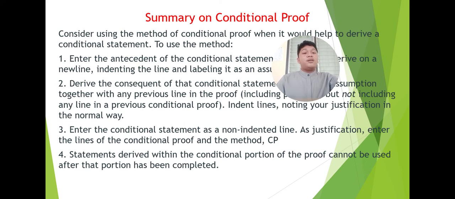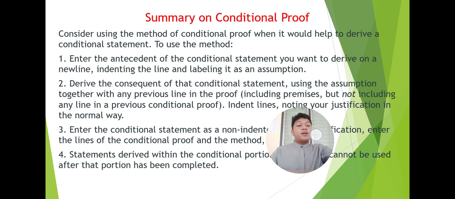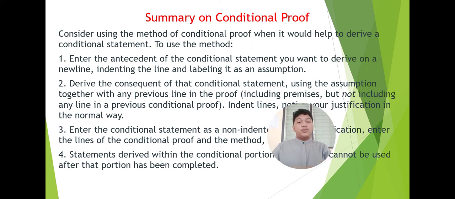So, the summary on conditional proof. Consider using the method of conditional proof when it would help to derive a conditional statement. To use the method, first, enter the antecedent of the conditional statement you want to derive on a new line.